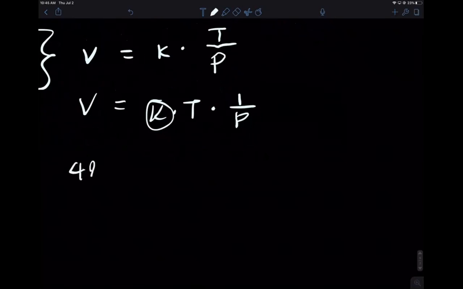480 equals K times 320 degrees times 1 over 10 squared.